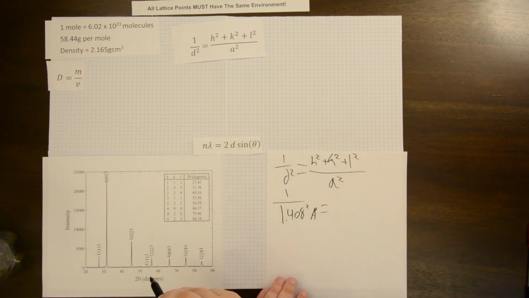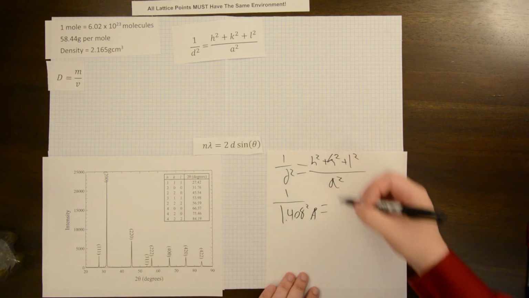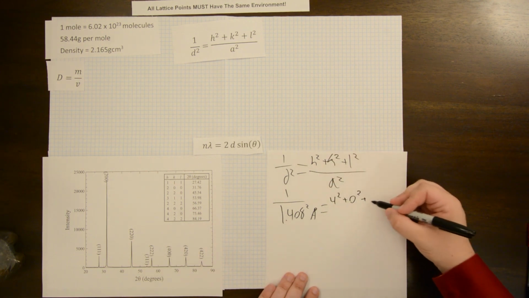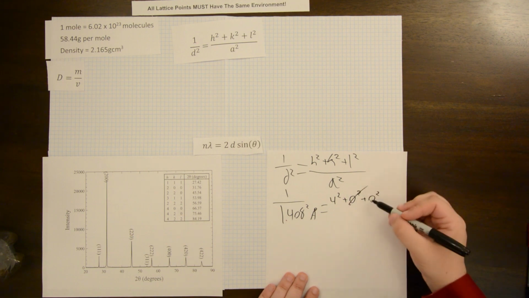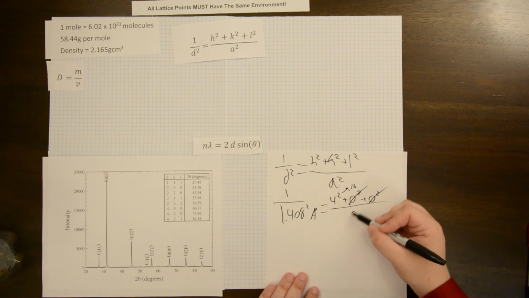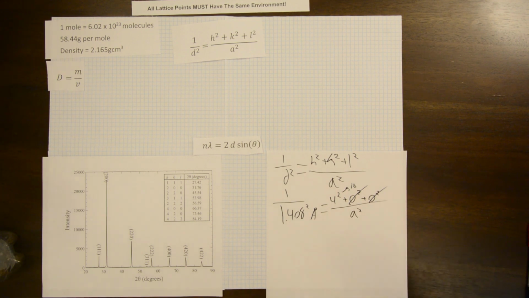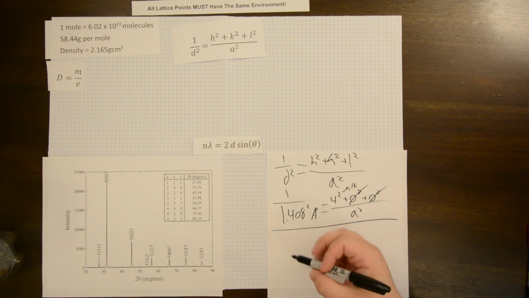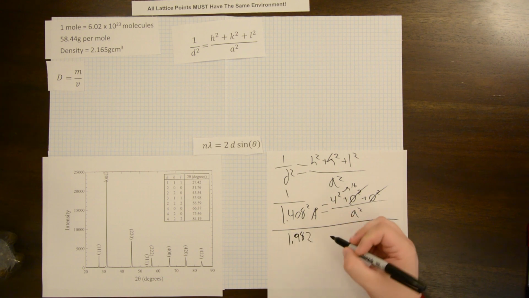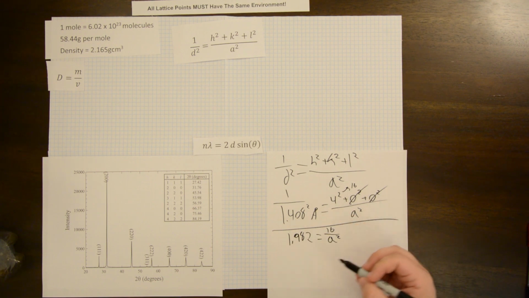Since we're looking at peak 400, we then have 4 squared plus 0 squared plus 0 squared. So those go to 0, this goes to 16, all over A squared. 1.408 squared is about 1.982 equals 16 over A squared.